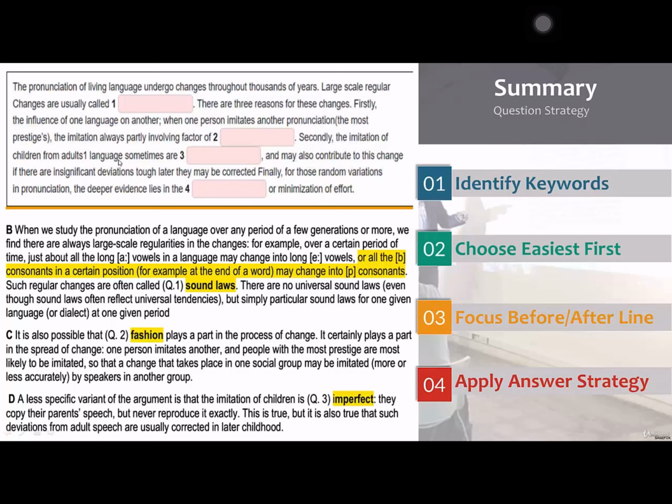But the language sometimes is imperfect. Because it says what? Never reproduce it exactly. They never reproduce it exactly. Okay? So that's sometimes, right? Sometimes it's imperfect because they never reproduce it exactly.